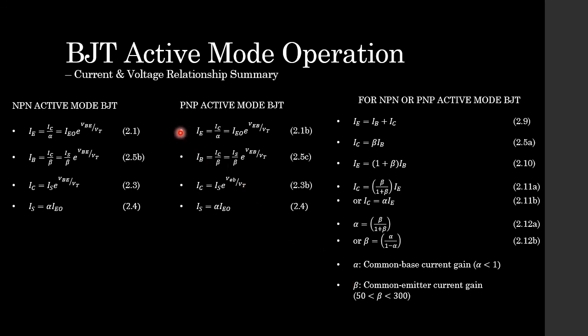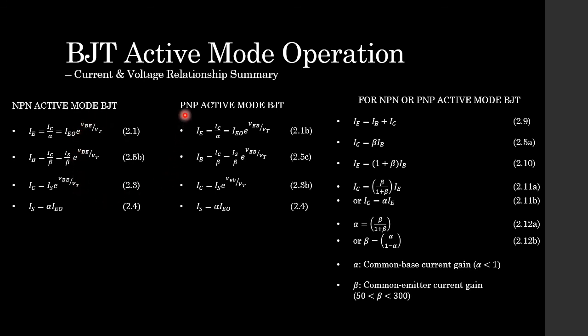And now moving over onto this left side, for an NPN transistor in the active mode, these are the expressions for our current and our voltage. And here we see our voltage is VBE because we are forward biasing our base emitter junction.